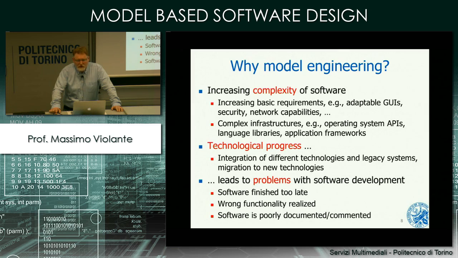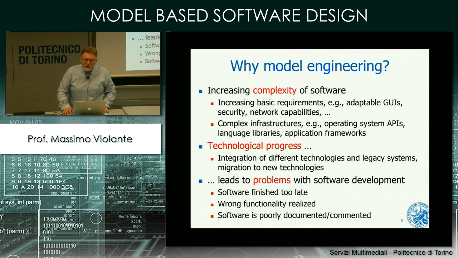You cannot start conceiving such a kind of system without an understanding of the physical phenomena that are going to be controlled, and without having an approach that allows you to reason on the algorithm well before you start writing a single line of C code. So the answer for why model engineering is worth it is the complexity of the software.